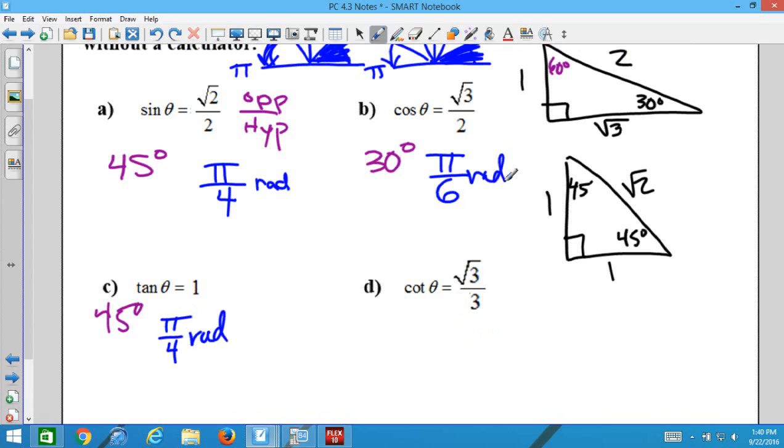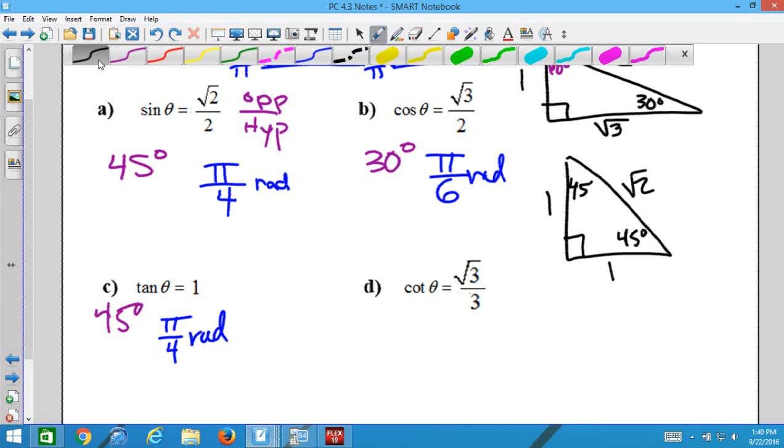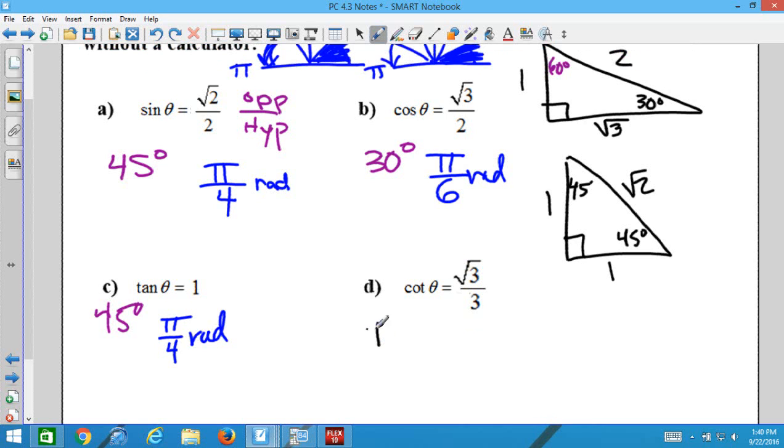Question D, cotangent of theta equals square root of 3 over 3. So I see a square root of 3. I know it's got to be the 30, 60, 90. But I'm not really familiar with cotangent as much as I am with tangent. So I might switch it. And this might still not help you, because there was some rationalization that they had done.